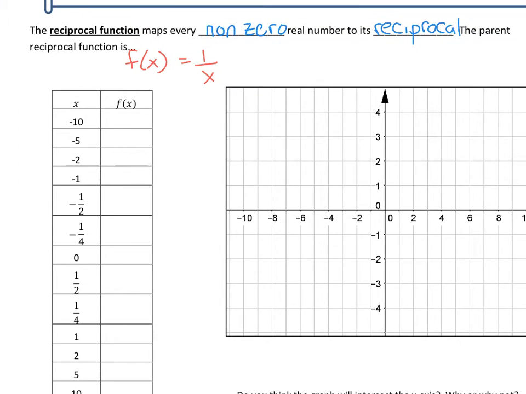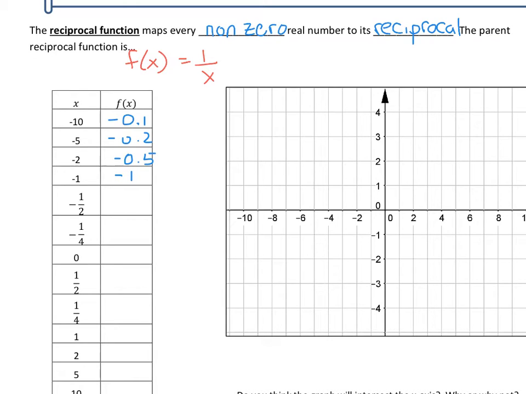So if I put in -10 for my input, then my output is going to be -1/10, and I'm going to use decimals just so I can fit it in the box better. Likewise, -5 for my input would give us -2/10. -2 would give us -1/2 or -5/10. -1.